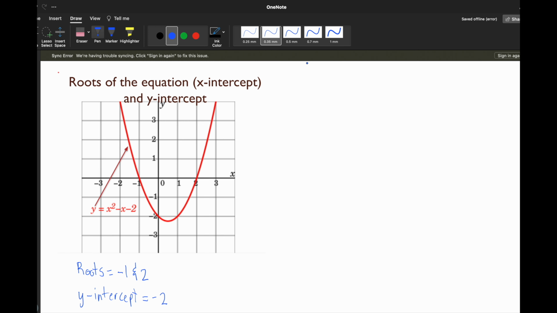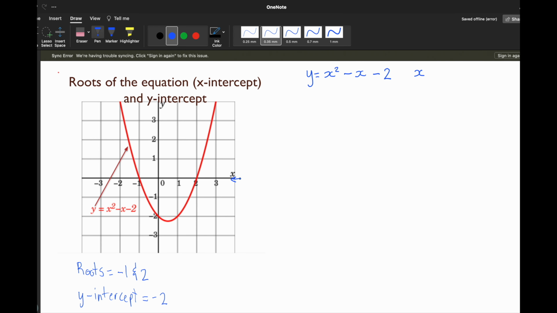So we are pretending now like we did not have this graph. What if I just knew that the equation was y is equal to x squared minus x minus 2. We use here what we call the quadratic equation, to find the values of x where this equation is equal to 0. In other words, I'm trying to find this when y is equal to 0, where this graph touches the x-axis.